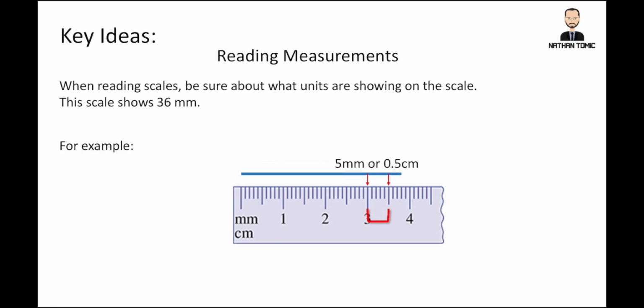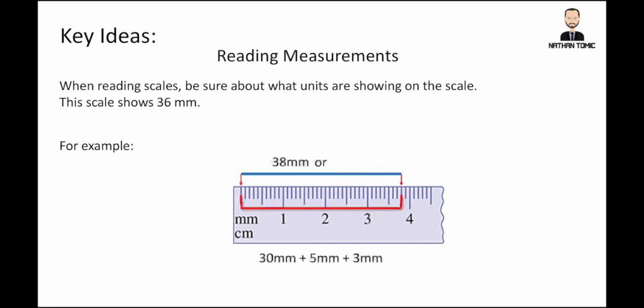And the last bit we have is from where we just measured to that half centimeter, going 3 more individual millimeters, and that can be said to be 3 millimeters of distance, or 0.3 of a centimeter. So if we were to put all those together, we could say that that whole distance represented here is 30 millimeters plus 5 more millimeters plus 3 more millimeters, which gives us a total of 38 millimeters.